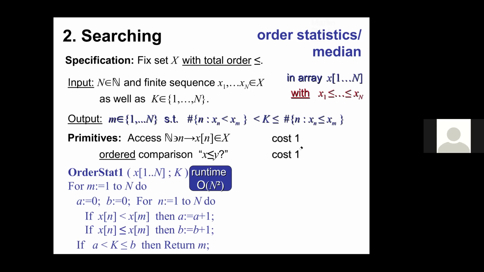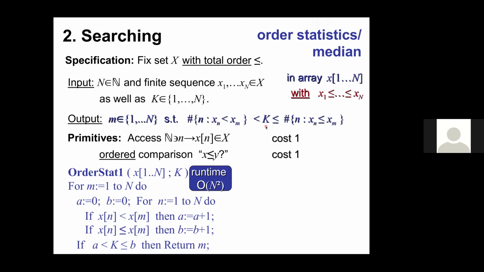If you are given a sequence and a k, then output an index m, so that the number of elements less than xm is less than k, and the number of elements less than or equal to xm is bigger or equal to k.